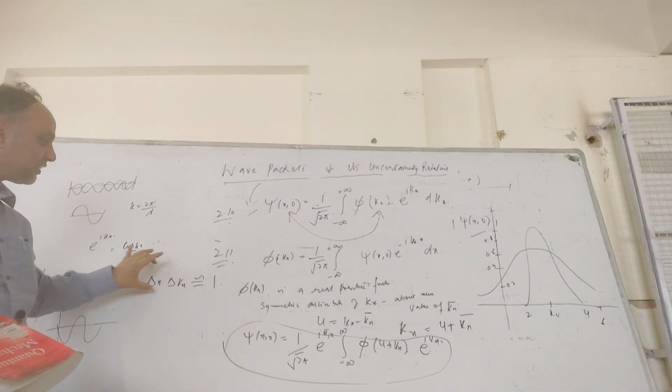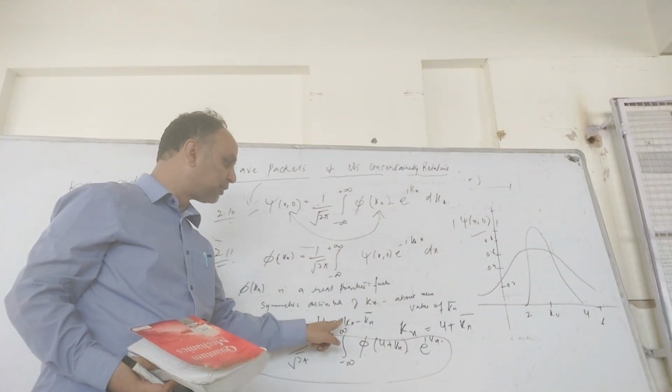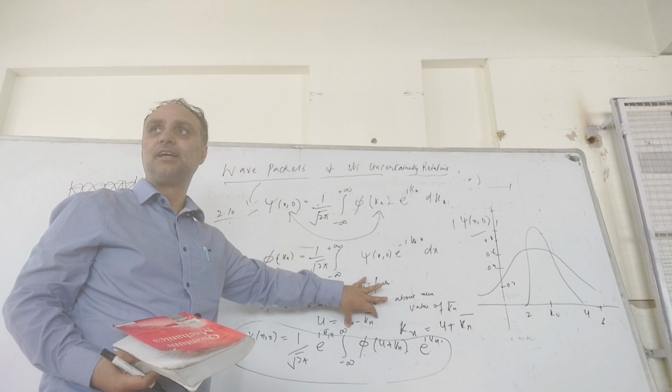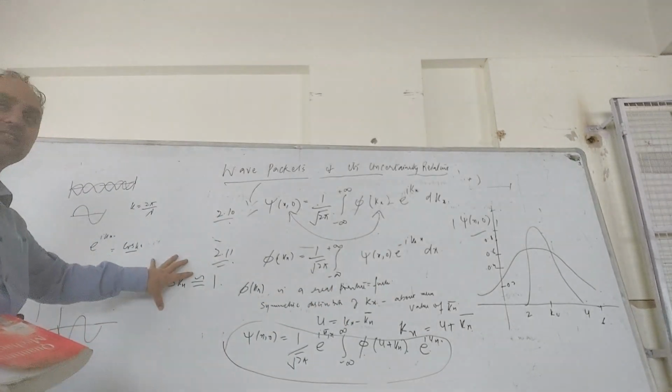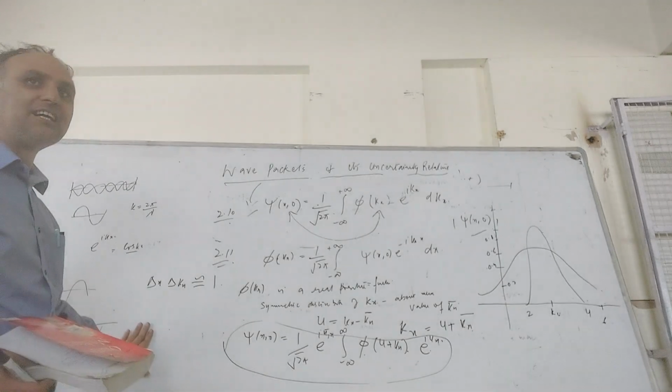How will we plot this conjugate? If we define u in terms of k minus kx, some mean value, that will correspond to this conjugate relationship, which we will not call an uncertainty relation.